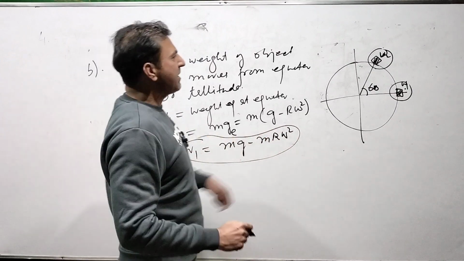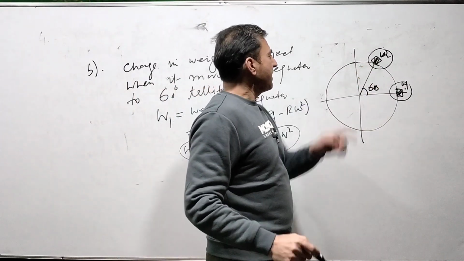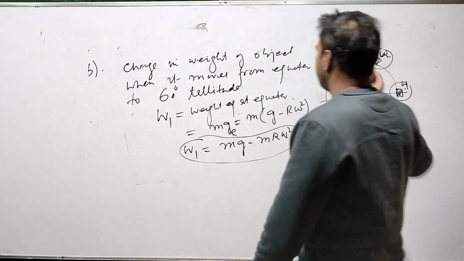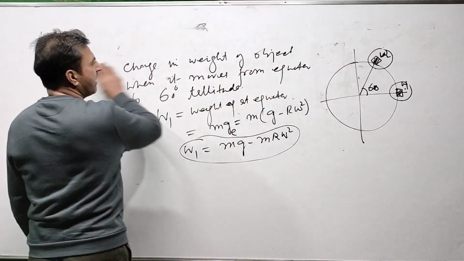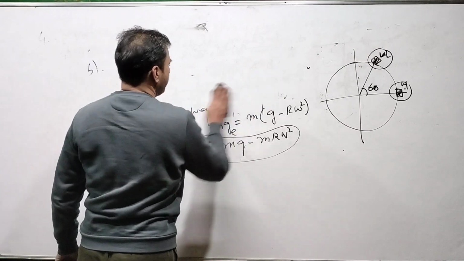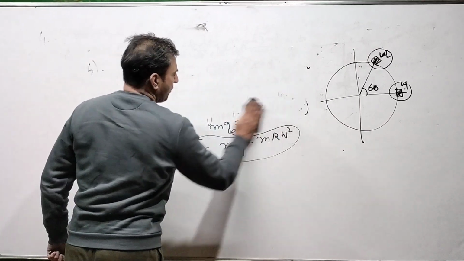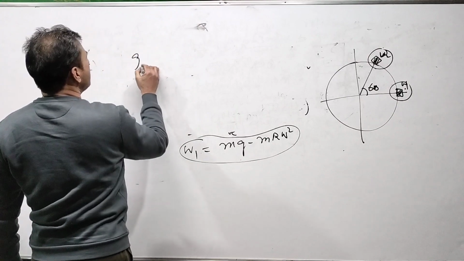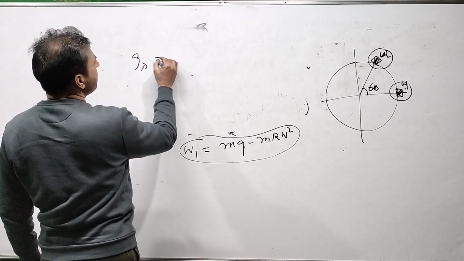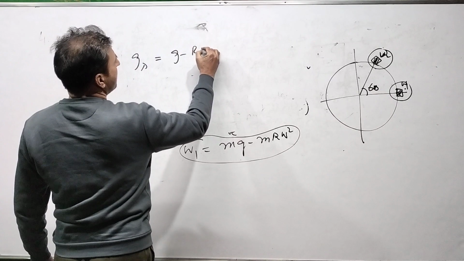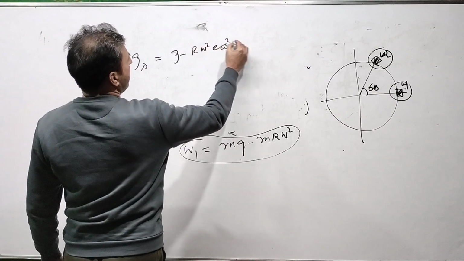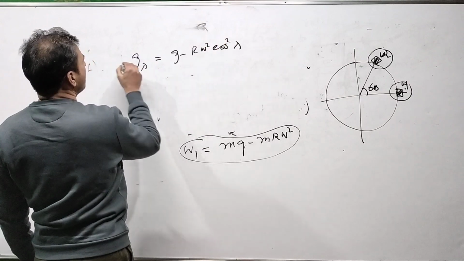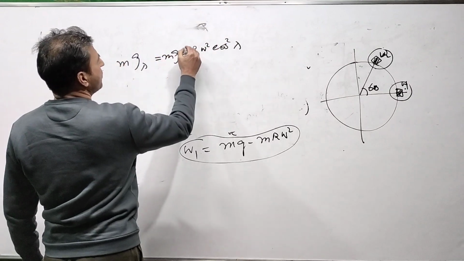Now let me find the weight here at 60 degree latitude. Again, write down the formula, the same formula. What is g at 60 degree latitude? That is g minus r omega square cos square lambda. Multiply m throughout.